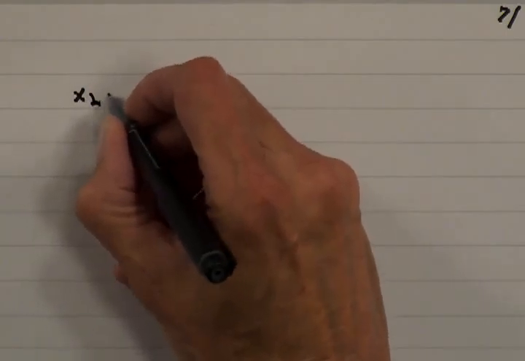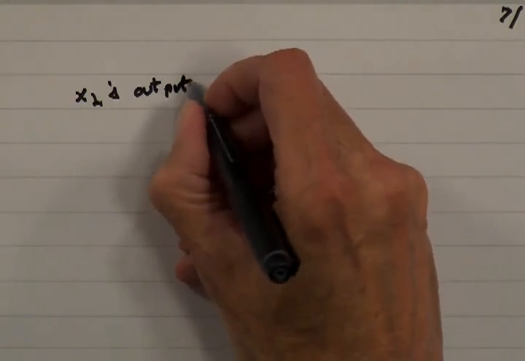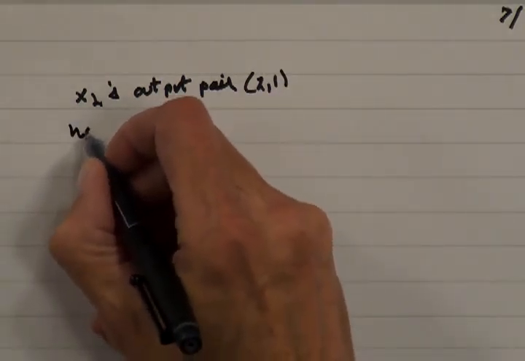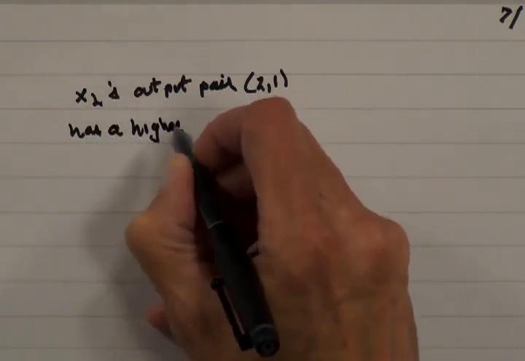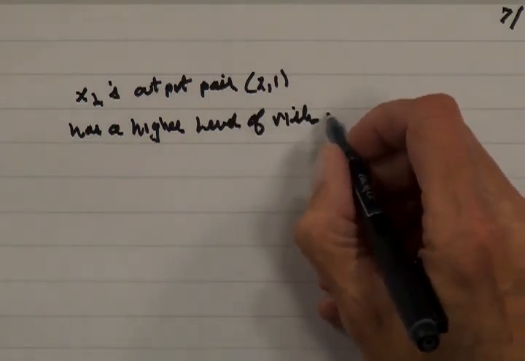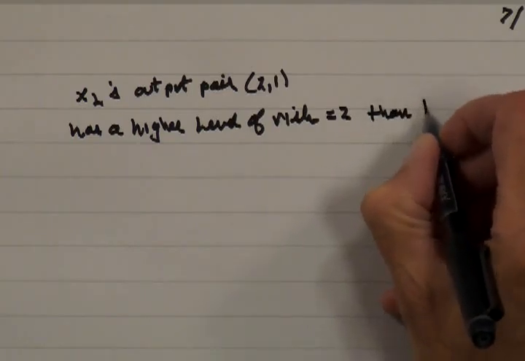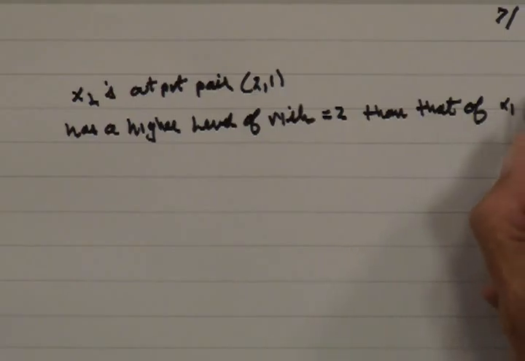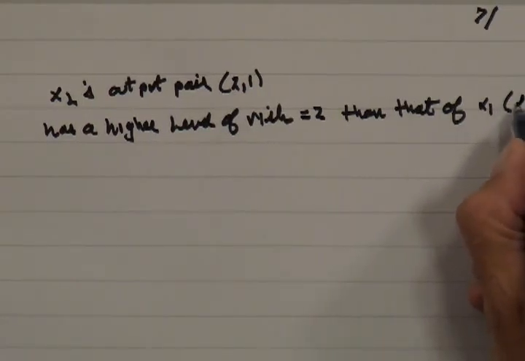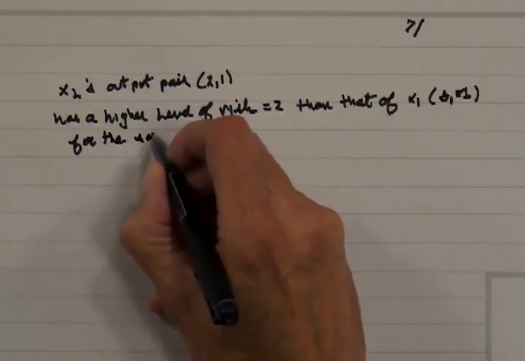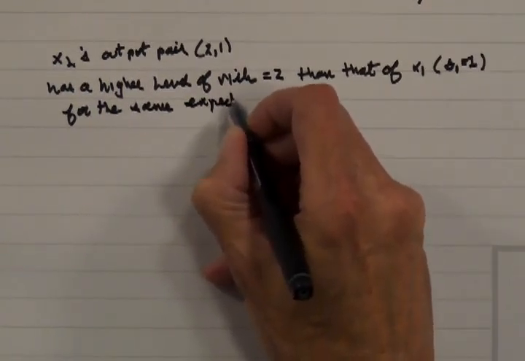X2's output pair, which is 2, 1, has a higher level of risk, equals 2, than that of X1, whose level of risk we have that sigma 1 equals 1, for the same expected rate of return.